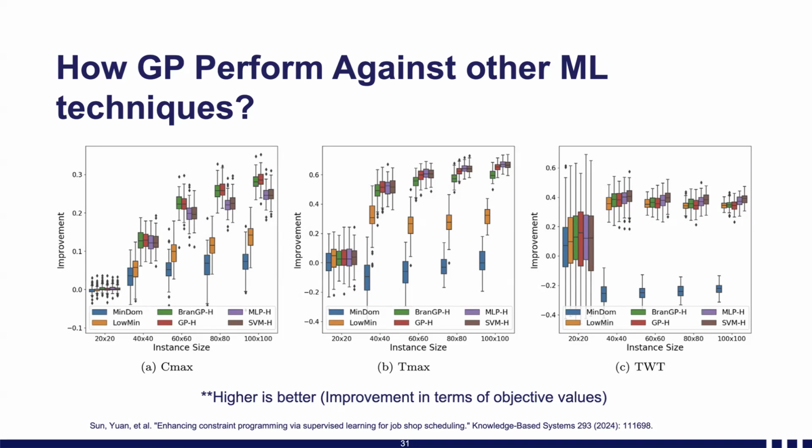We see quite good performance of GP across different aspects. For example, for Cmax, which stands for makespan or throughput, GP still performs very well. For Tmax, maximum tardiness, it still performs quite competitively against other machine learning methods.